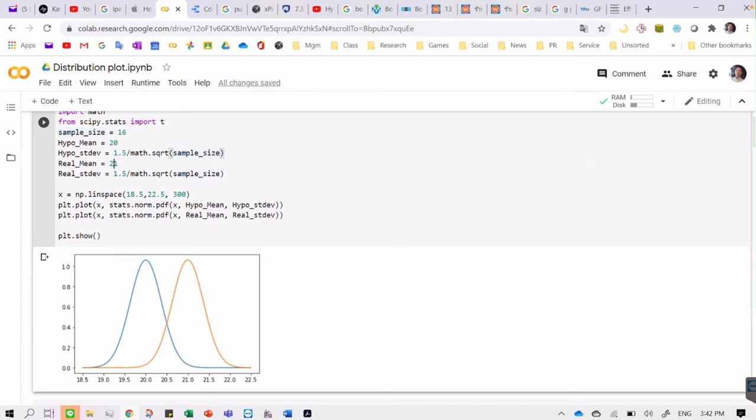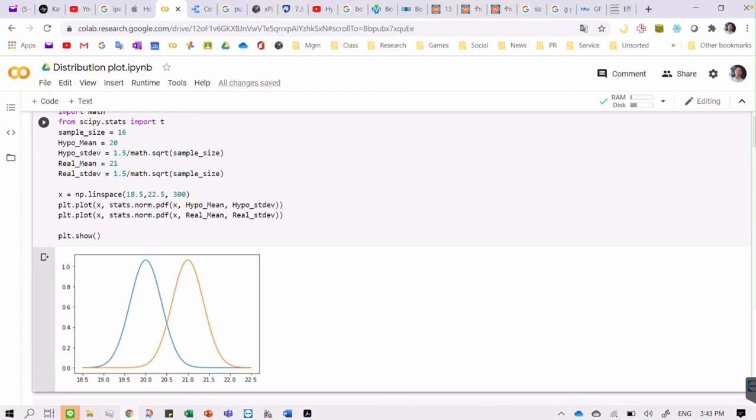Then the real mean is 21, and the real standard deviation is also 1.5. I plot this and get these distributions. The blue distribution is the distribution of the hypothesized mean, and the orange distribution is the distribution of the real average of the sample.